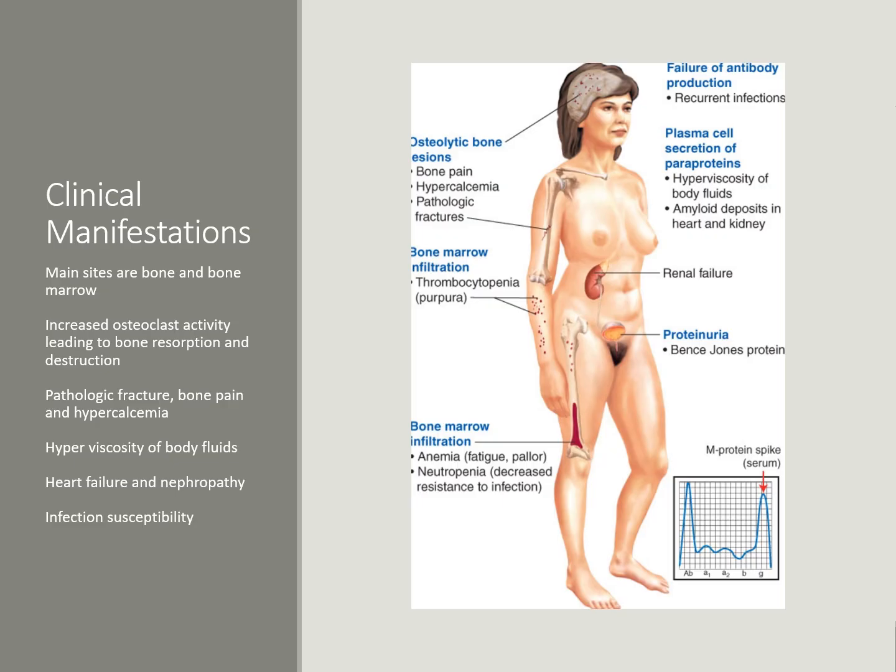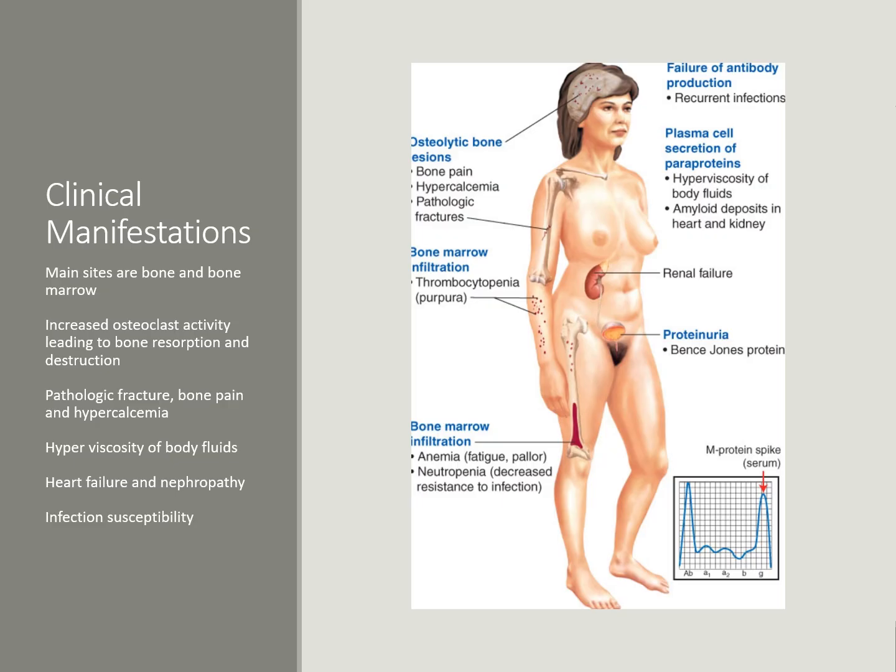They get increased osteoclast activity, so they can get things like bone resorption and destruction. So that leads to things like bone pain and pathologic fractures and hypercalcemia. They fail to produce antibodies, so they get things like recurrent infections.